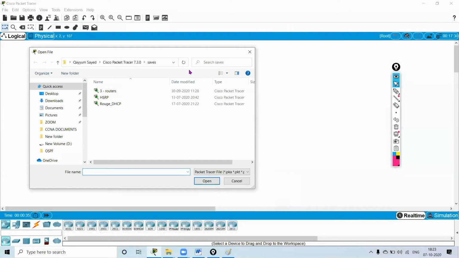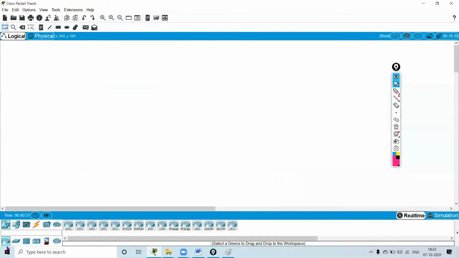I can show you a practical about this. Okay, I don't have any topology, so here I'll take some routers.